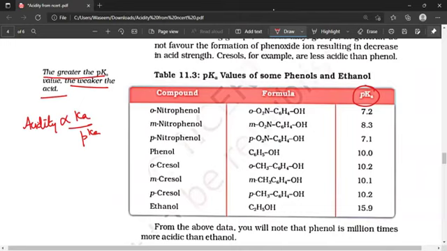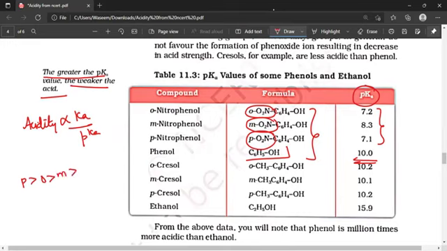Now look at these pKa values and decide the acidity order: phenol, paranitro, metanitro, orthonitro. If I want to compare these 4, according to these values, we can say that paranitrophenol is more acidic than orthonitrophenol, then metanitrophenol, then comes phenol. This is the order.